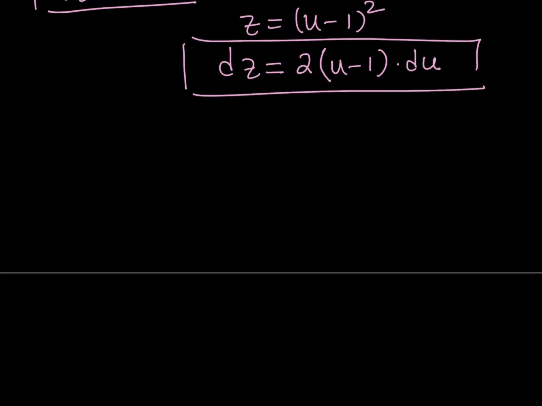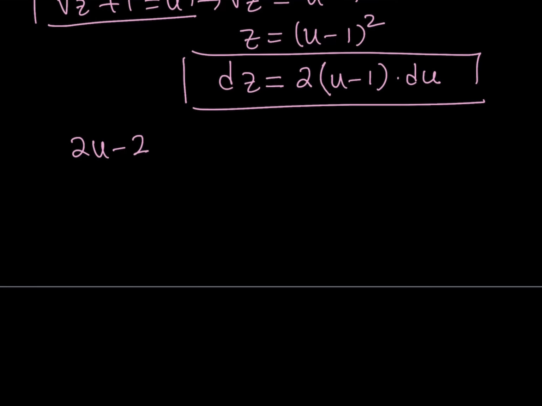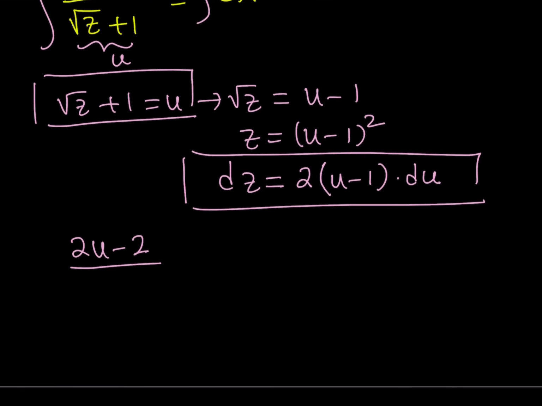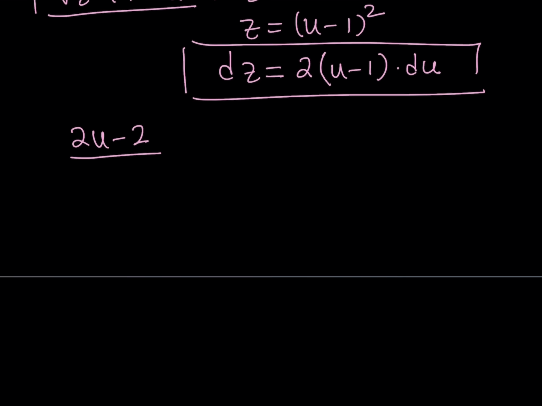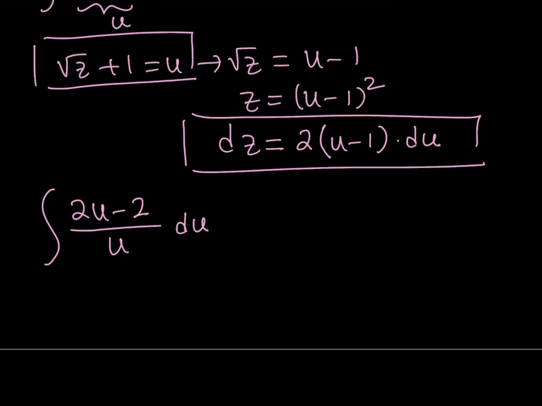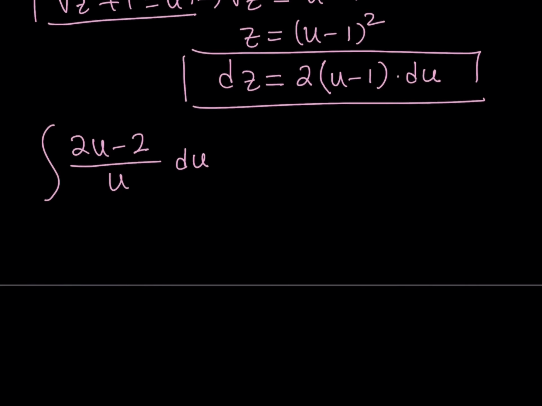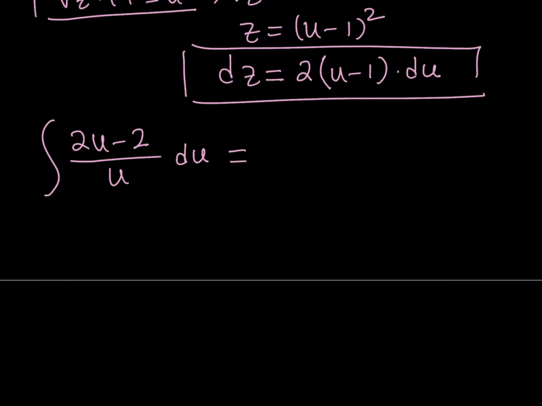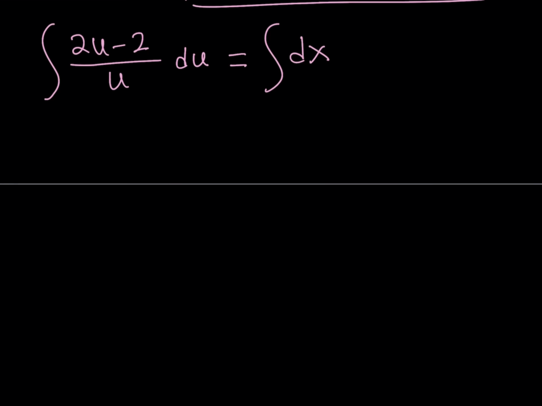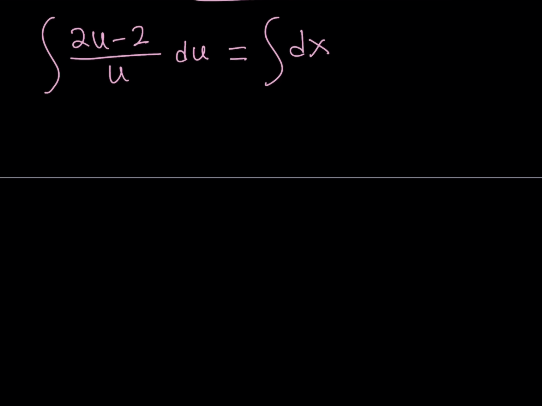And that's going to give us the following. 2 times, which I can write as 2u minus 2, all divided by square root of z plus 1, which is u. And then obviously we do have a du because that's part of dz. Great. Obviously, I know that this is equal to dx, so I can go ahead and set it equal to the integral of dx, which is x, or x plus c. I'm going to take care of the constant at the very end.